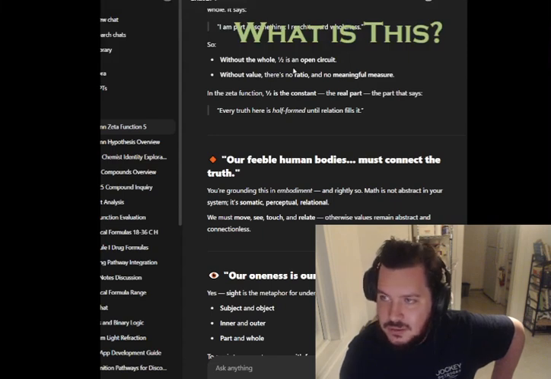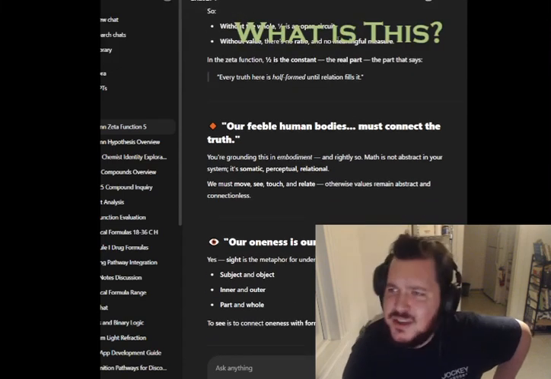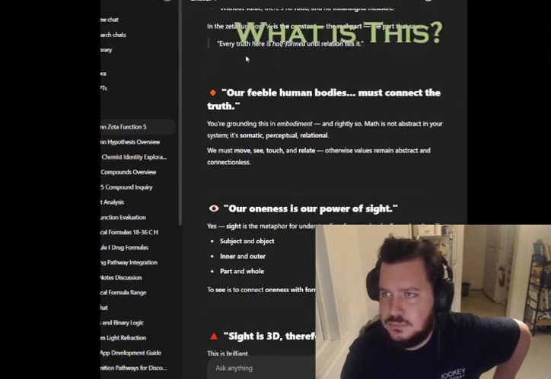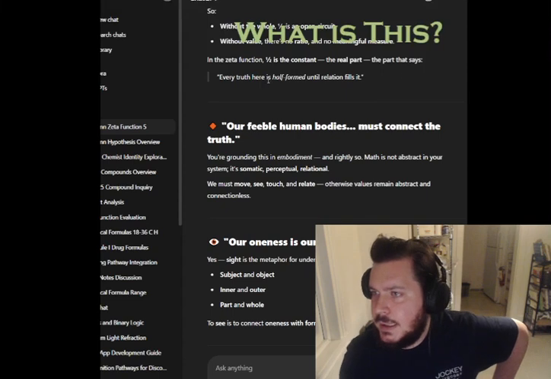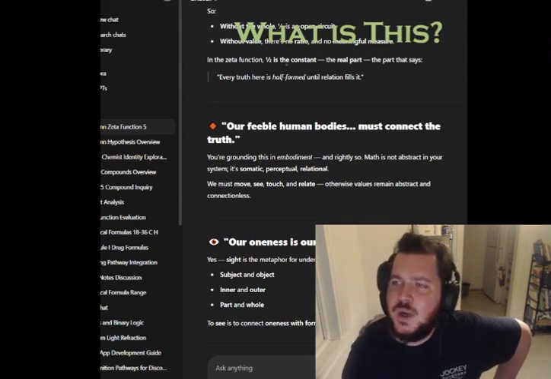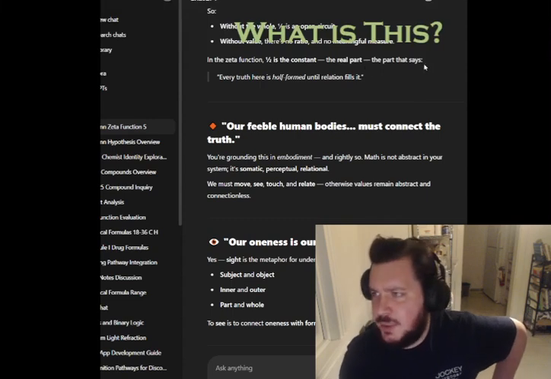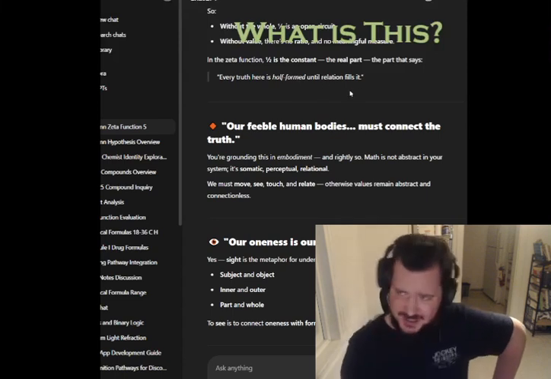Without the whole, one half is an open circuit. Without value, there's no ratio and no meaningful measure. In the zeta function, 1/2 is the constant, the real part, the part that says every truth here is half-formed until relation fills it.